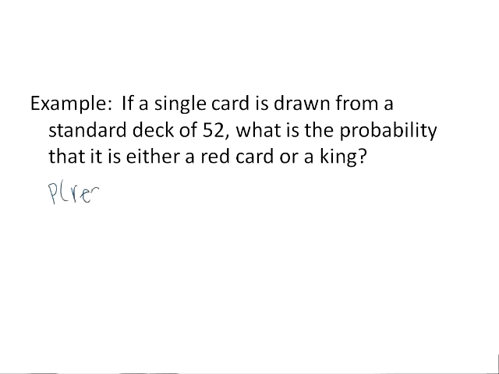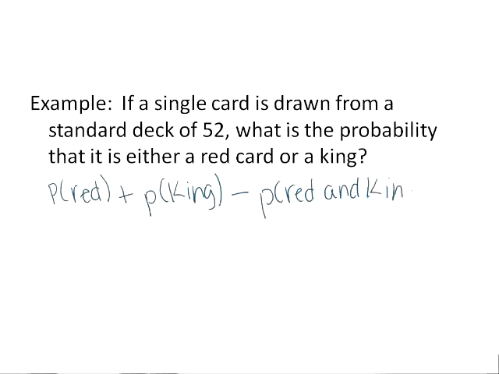So probability of a red card plus the probability of a king, but then we're going to need to subtract off the probability of a red and king.